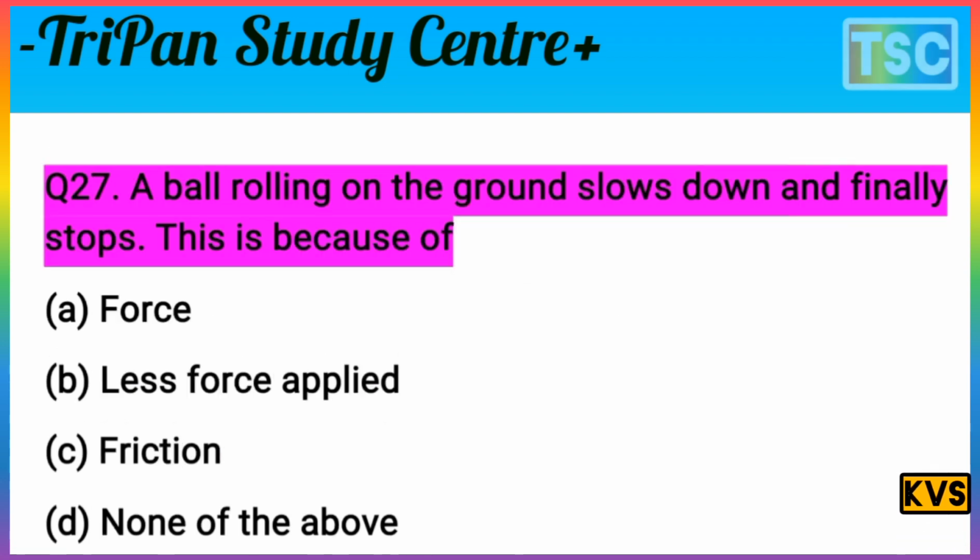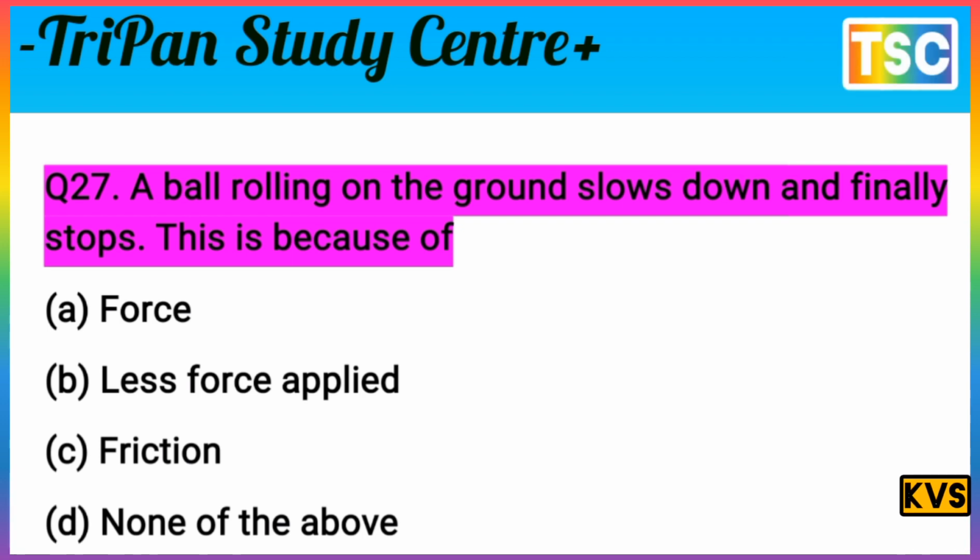Next question on your screen. A ball rolling on the ground slows down and finally stops. Why does the ball stop? A. Force. B. Less force applied. C. Friction. D. None of the above.